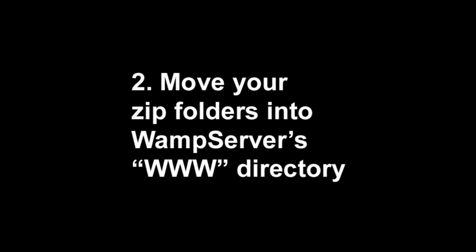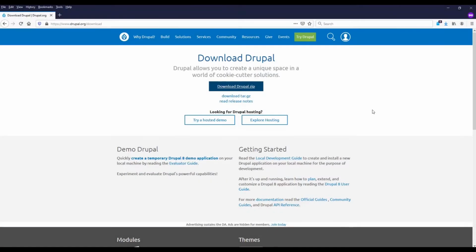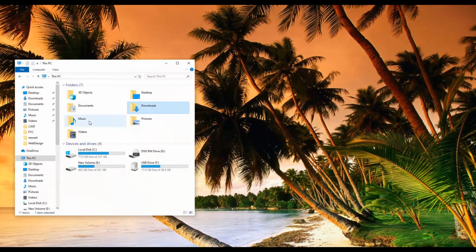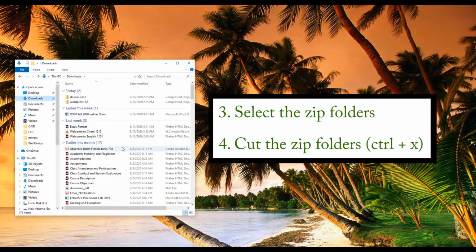Move your zip folders into WampServer's www directory. Open up a file folder in Windows and go to the Downloads directory. Select and cut the zip folders for WordPress and Drupal.